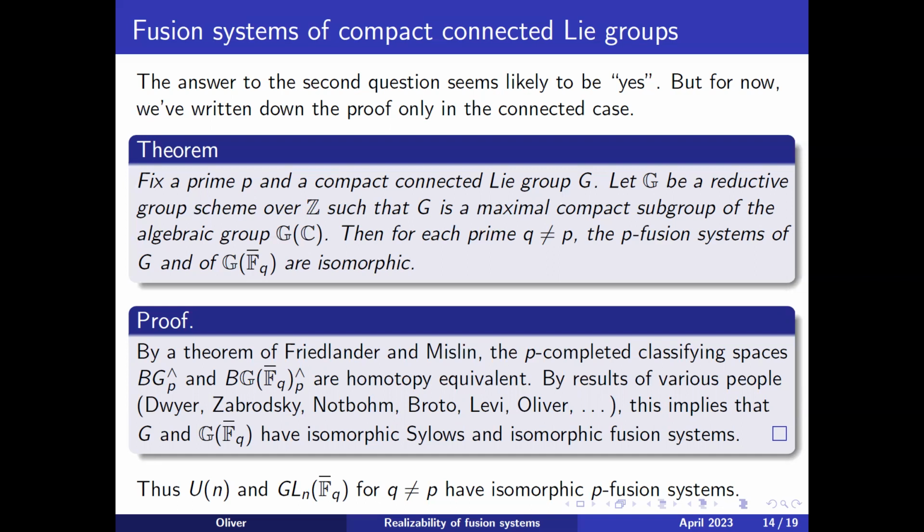And anyhow, the reductive condition means basically it's a torus cross a semisimple group, or a central product of such.